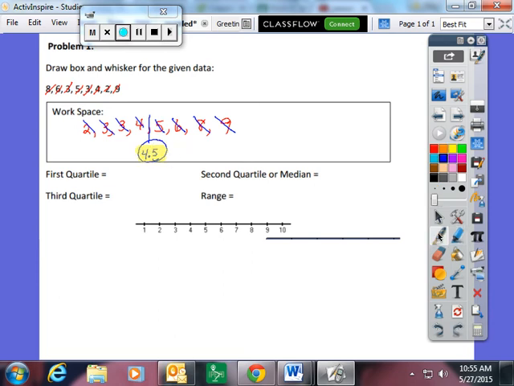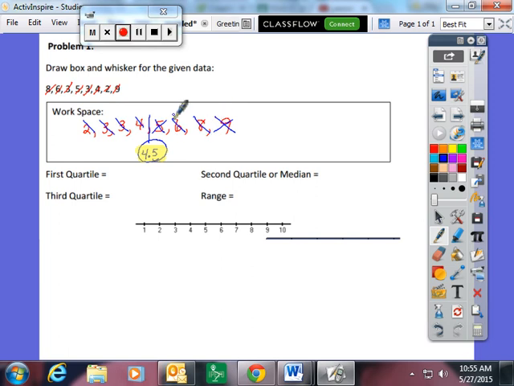Okay? Now that I found my median, I have split my data into 2 sides. The lower half and the upper half. Okay? I'm going to find the middle of the upper half of my data first. I'm again going to cross out left to right, but notice how I make an X shape to see now that I'm going in a different avenue.